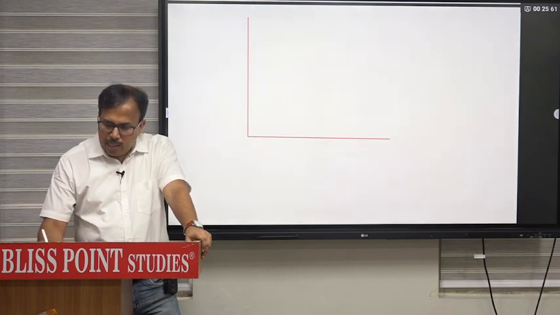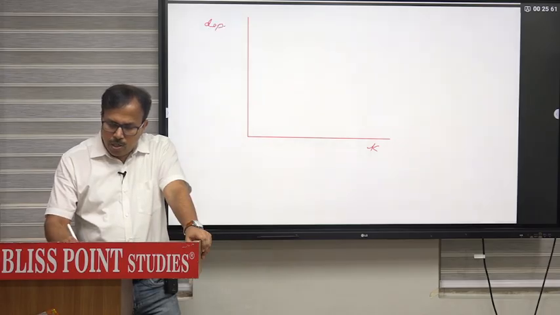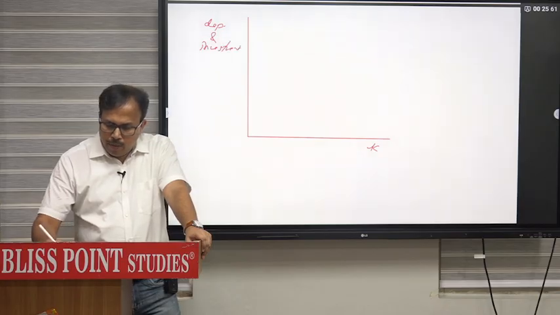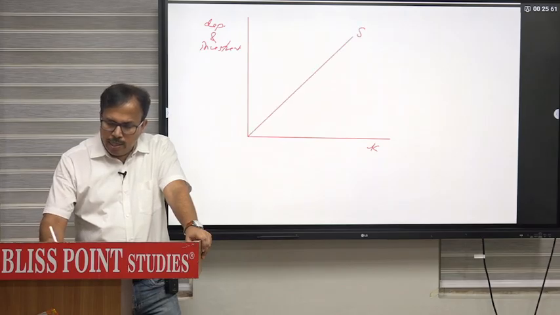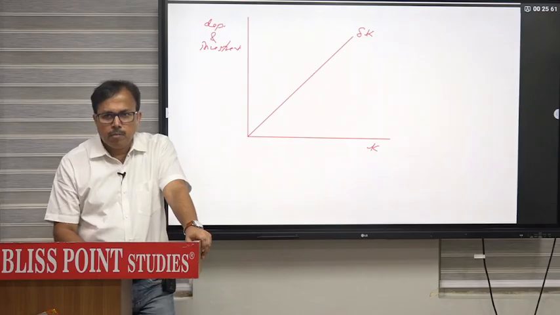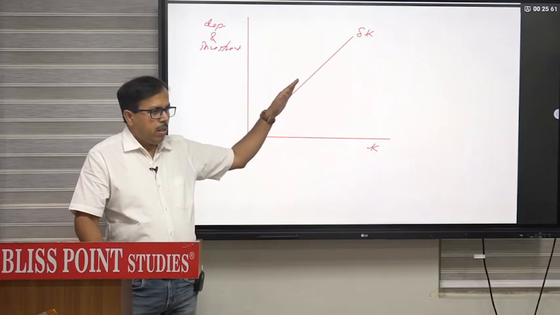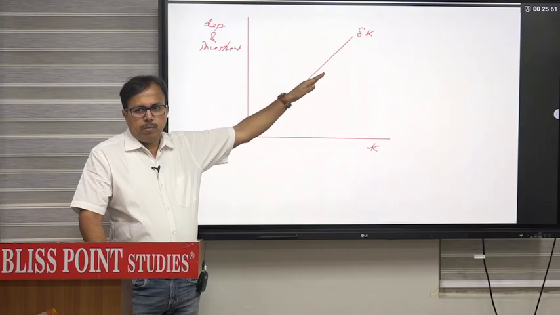I am writing here K, and on the axis it is depreciation and investment. Investment is nothing but saving, and what is depreciation? Depreciation is delta into K. ये depreciation का amount है. What determines the slope of this line?